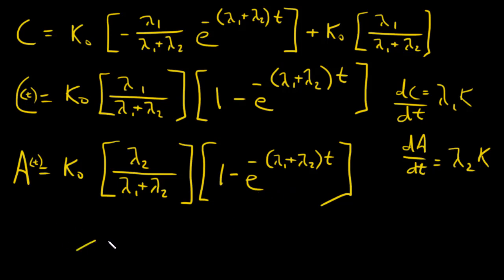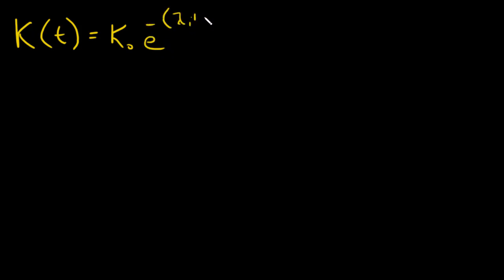My K of t was equal to K naught times e to the negative lambda 1 plus lambda 2 t. Okay, now for the problem, let's see what it wants.